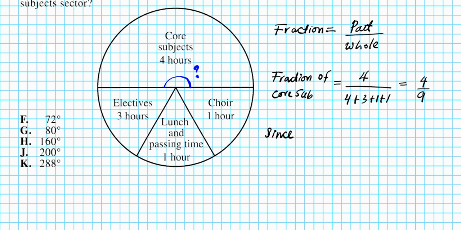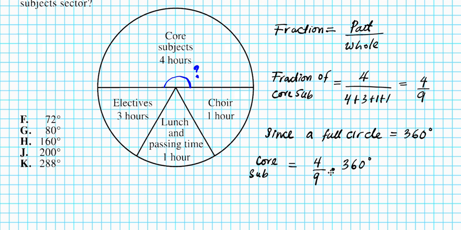A full circle measures how many degrees? 360 degrees, right? The core subjects is going to be 4/9 of the entire full circle. So 4/9 of 360 degrees.